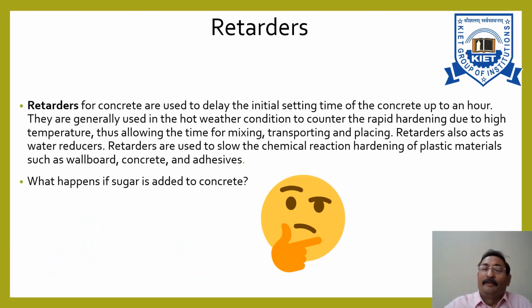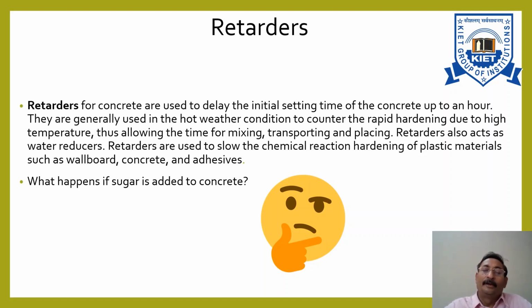Now, if we discuss retarders, they work just opposite to accelerators. In the case of an accelerator, we are accelerating the setting time, whereas a retarder delays the initial setting time of the concrete.